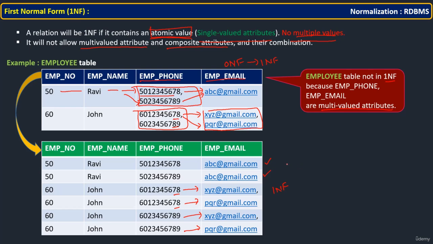So convert it into first normal form, that means distribute those values accordingly so that every cell has one atomic value, and automatically it is in the first normal form. That is what we are saying, that every relation in the relational model must be in the first normal form.